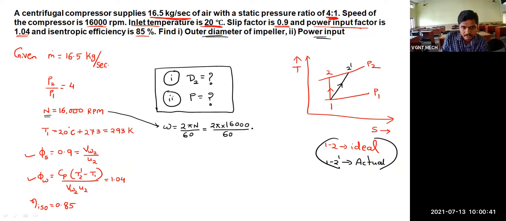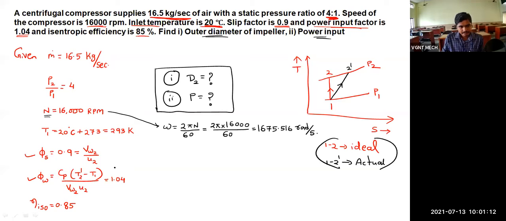How much omega are we getting? Omega is coming 1675.516 radian per second.